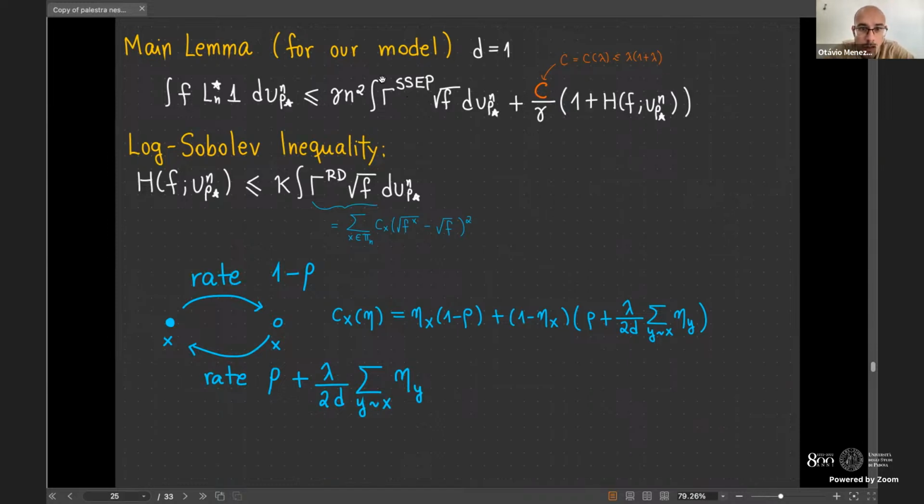But what goes on in here is the sum of the squares of all the gradients of the square root of f, in which you switch the occupations of two neighboring sites.